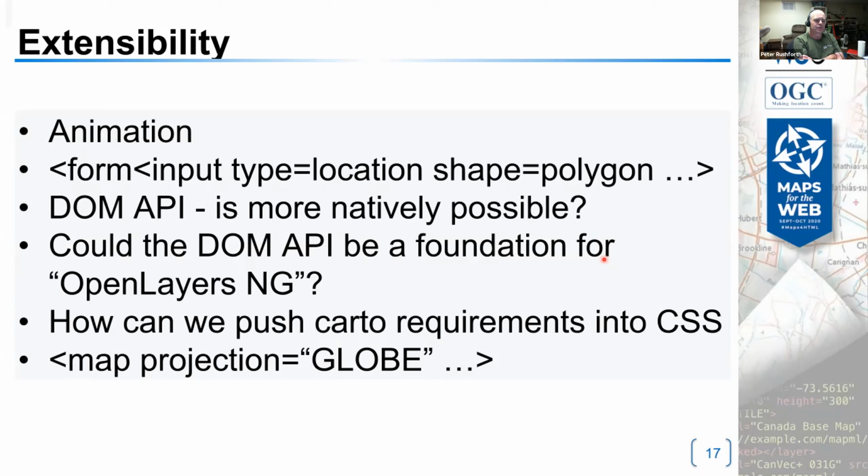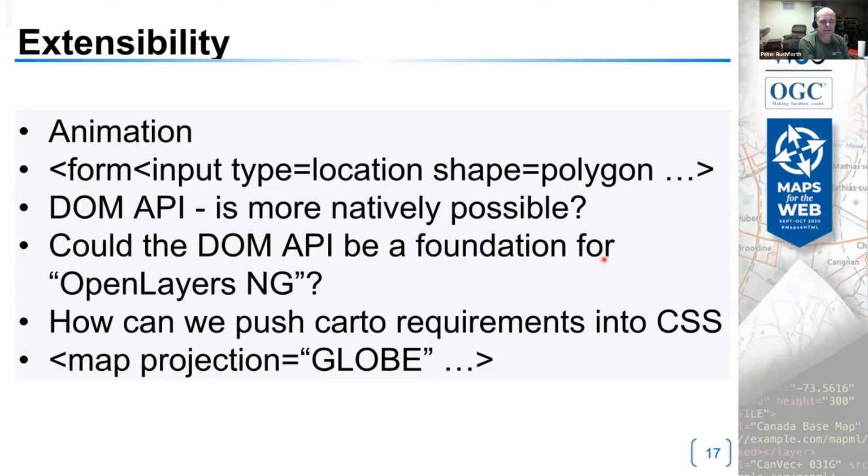And so could the DOM API as envisaged be a foundation for the next generation of OpenLayers, which could be more readily and performantly and compactly built upon a web map element and layer element? And what would that look like? I think the objective would be to make that easier and more maintainable.